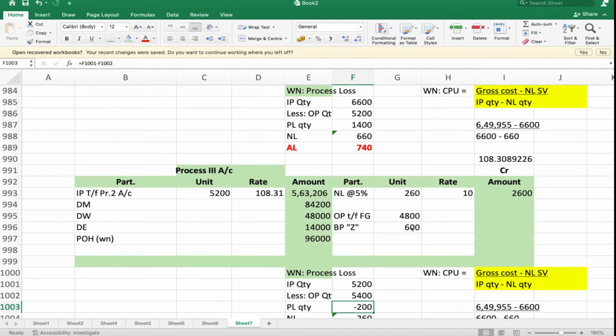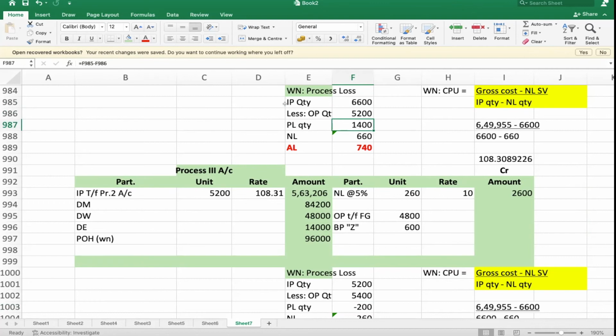Listen here, the beauty of this process is we have given 5,200 quantity input, am I right? But we got 5,400. Therefore, we got more quantity or less quantity? More quantity. If you go to the previous process, input quantity 6,600, output quantity 5,200. Therefore, output has reduced, and 1,400 is a process loss.